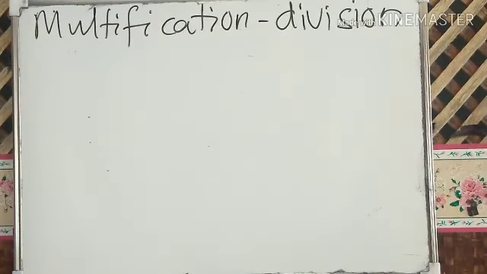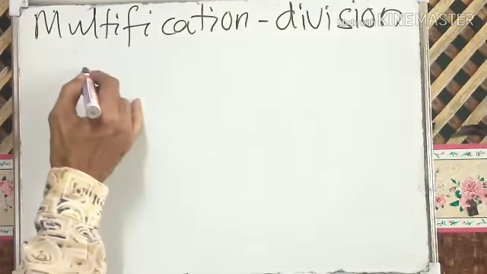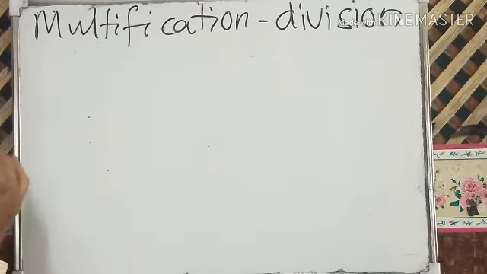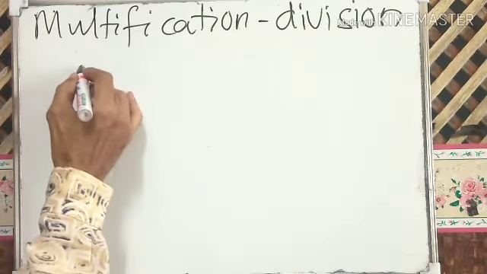This is the same as in division. We can divide two unlike and like terms.